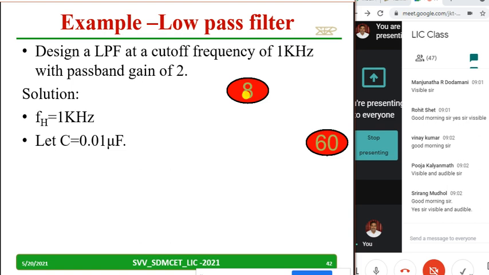Now calculate R. Try to give the answer, approximately how much it will come. Take 1 minute. Simply fill the value of FH and C in the equation, find out the value of R and type your answer in the chat box.